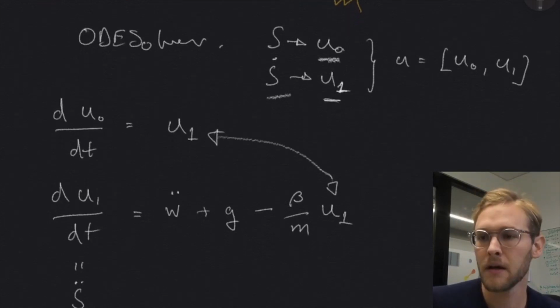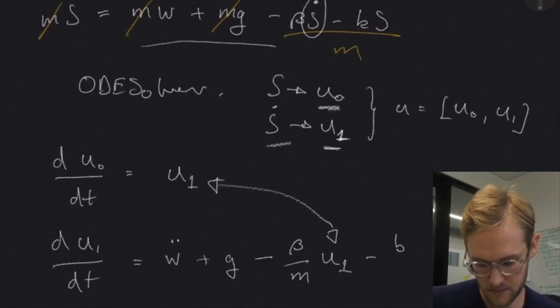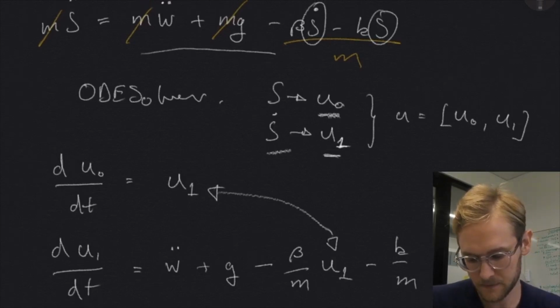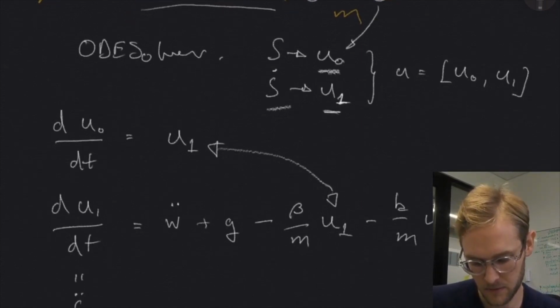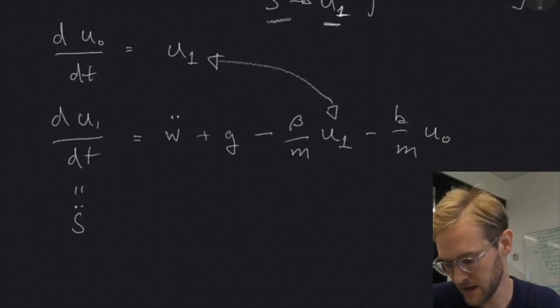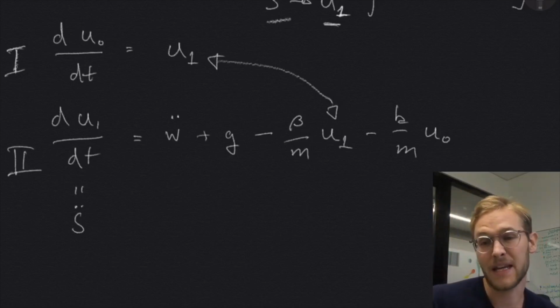The last term is minus k, oh, it's a b, divided by the mass again, and here we have an s, which we have renamed to u0. So that'll be u0.